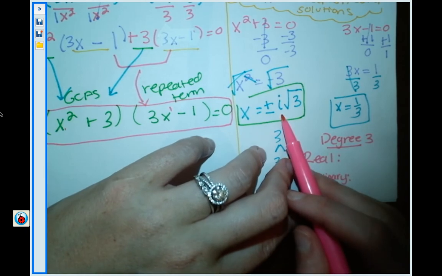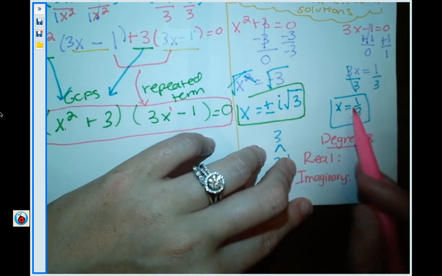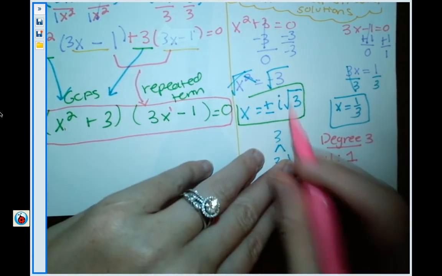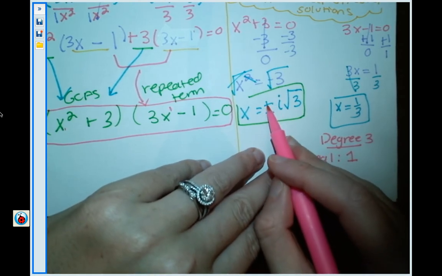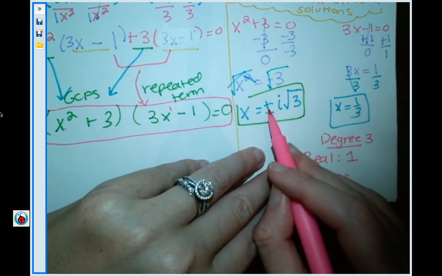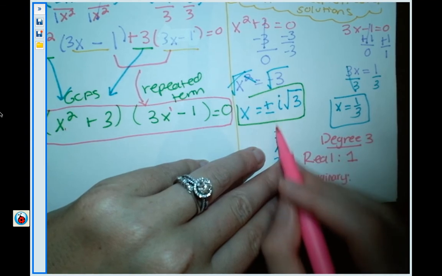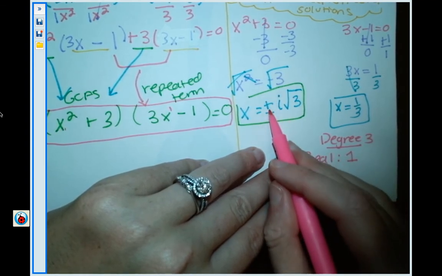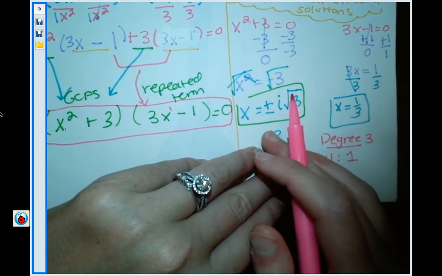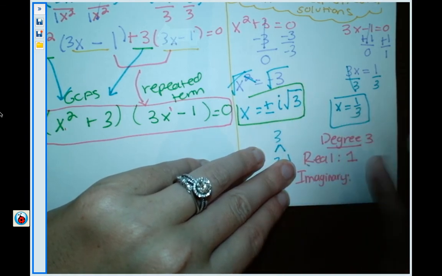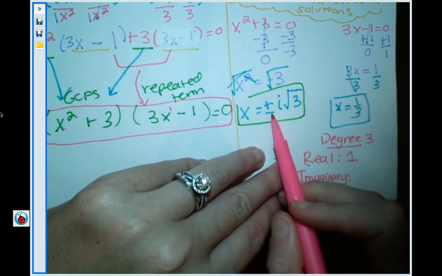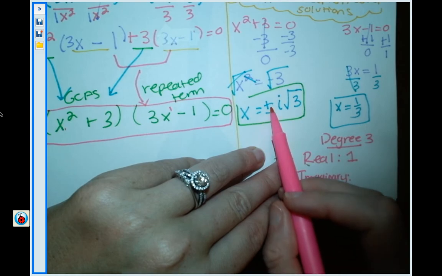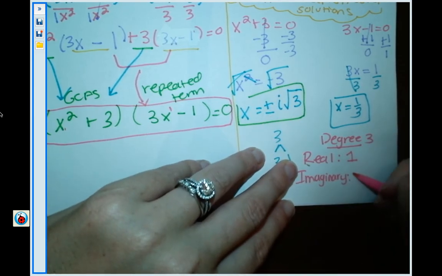So these have i's, so they're not real. I have 1 real and 2 imaginary because I have a positive and a negative, which remember you guys, imaginaries always come in cute little pairs, okay? We have a positive and a negative. Or you can kind of think of them as good and evil twins. They're the same number, one's positive, one's negative. So one's good and one's evil. So I have 2 imaginary.